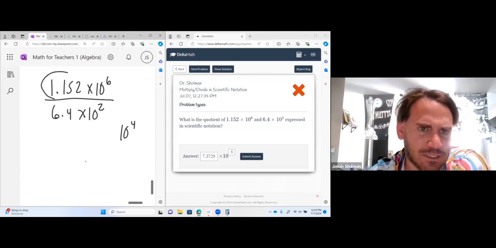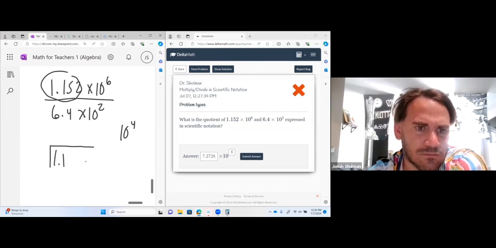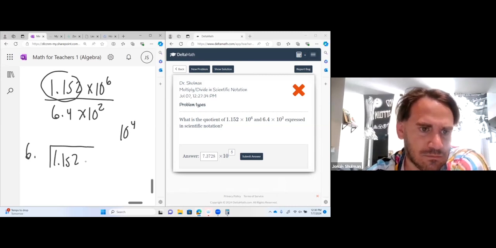And let's do this division. So this is the big number. It gets to go inside the house. So I want to make this a whole number, so I have to move this one place.